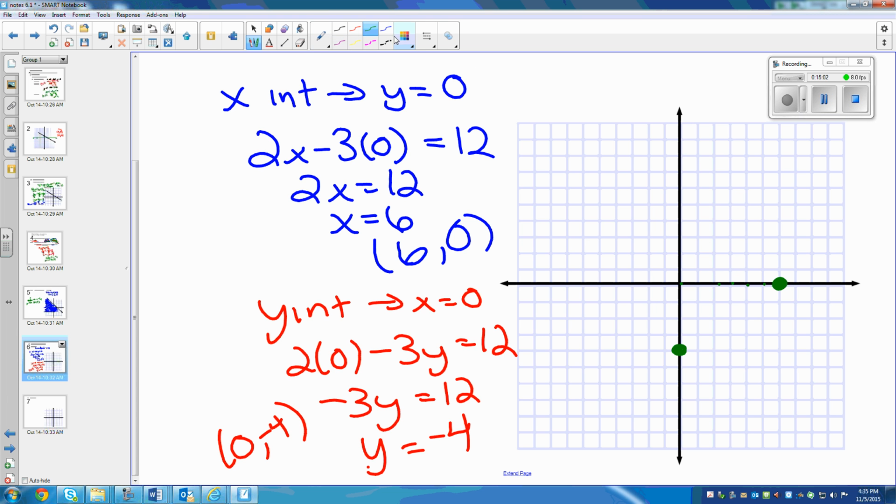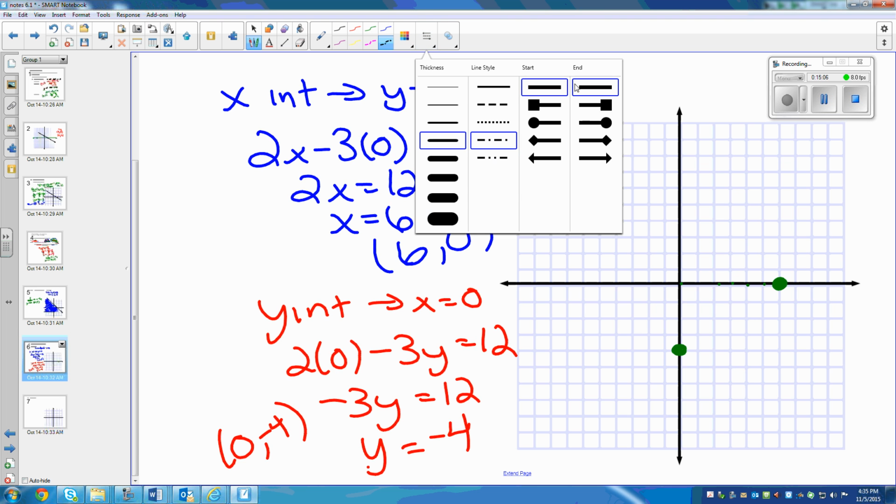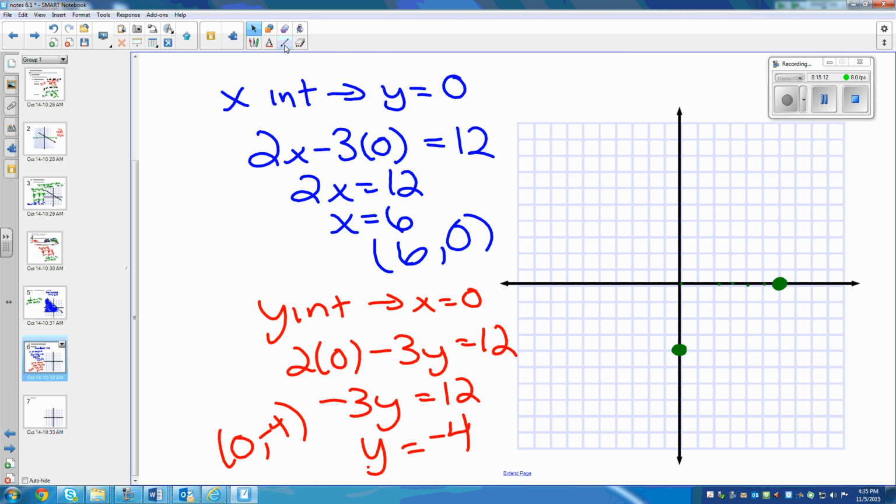So just grab your line, make sure it's dotted. Sorry, having issues here. And you just draw your line through here, dotted line, arrows back and forth, arrow saying it continues on forever. So that's drawing the line.